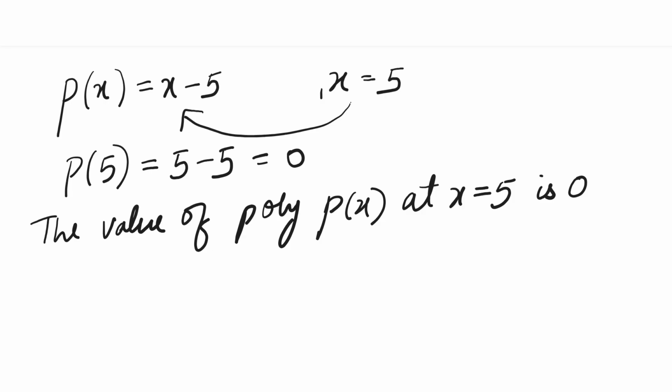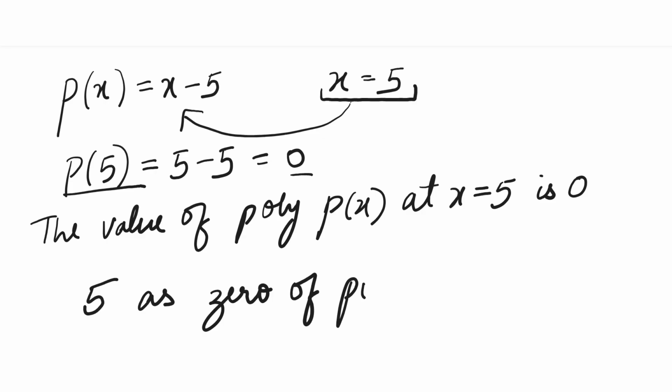When I plugged in my value of x as 5, I got my polynomial to be 0. So I can call 5 a zero of the polynomial. Why am I saying 5 is a zero of the polynomial? Because 5 made my polynomial equal to 0.